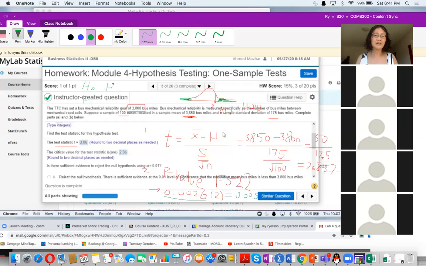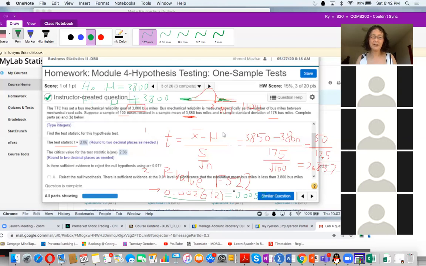H0 said the mean mu is 3,800. H1 said it is not, mu is not 3,800. Okay, so that is H0, H1.